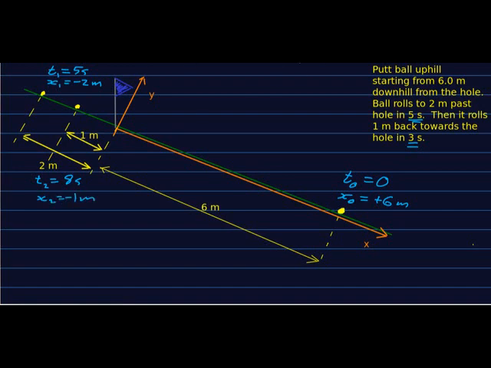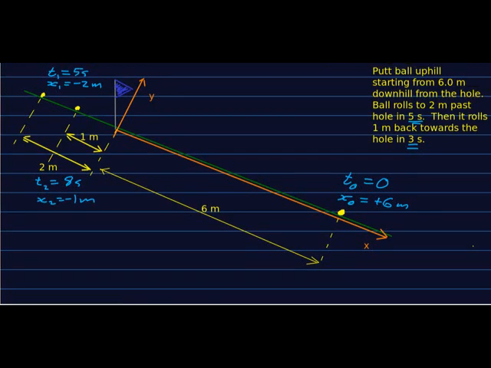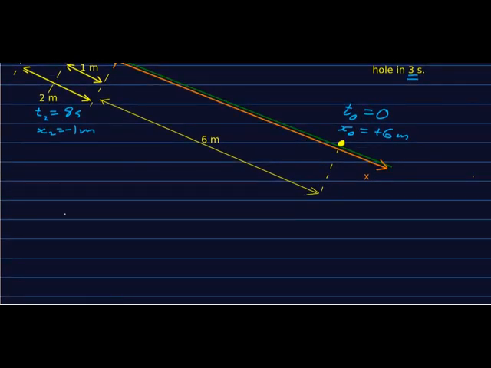And now I'm going to calculate some displacements. So for the time period from t0 to t1, I'm going to call that displacement delta x 1, 0. You might say 1, 0, why not 0, 1?